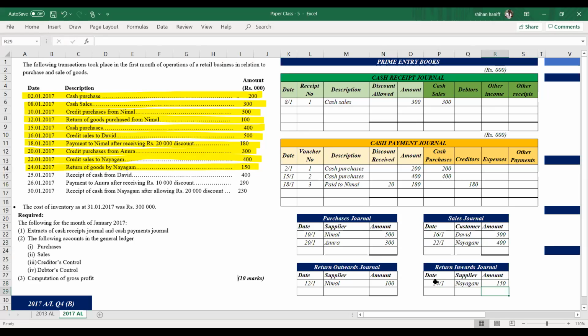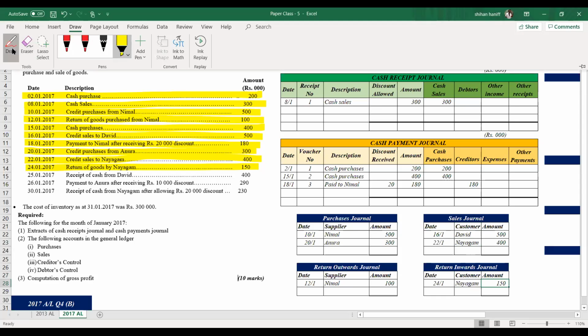Nayagam is a customer. So the customer is returning 150,000 worth of goods.